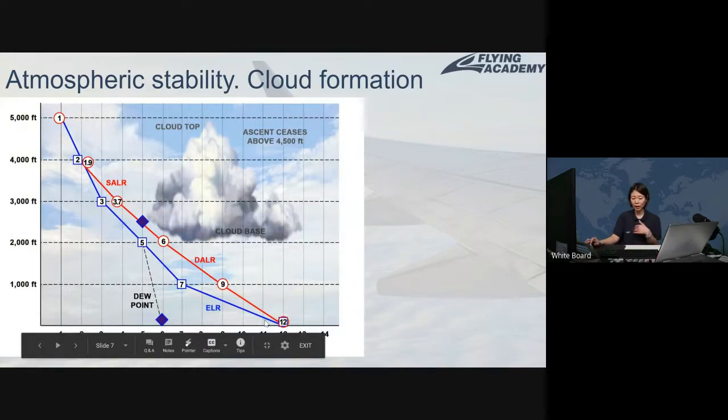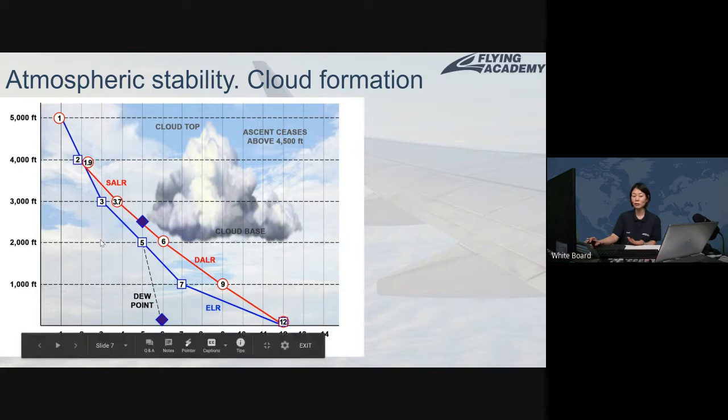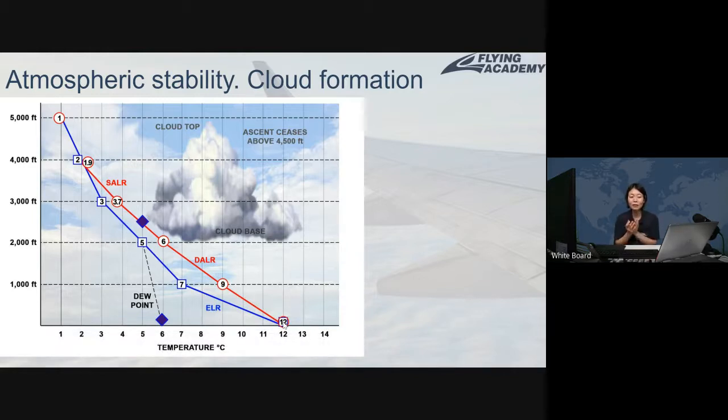My environment today is my temperature: ground is 12 degrees, 1,000 feet 7 degrees, 2,000 feet 5 degrees, 3,000 feet 3 degrees, 4,000 feet 2 degrees, 5,000 feet 1 degree. This is the actual temperature difference. An air parcel on the ground, if it is dry and not saturated, is going to lose minus 3 degrees per 1,000 feet.